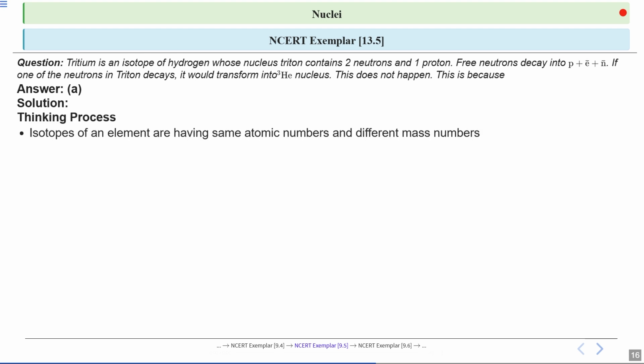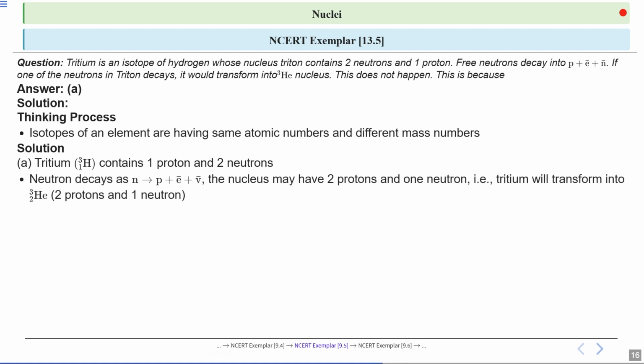So isotopes of an element have the same atomic number and different mass numbers. In tritium, 1 proton and 2 neutrons are present. A free neutron decays into a proton, electron and antineutrino. If 1 neutron in tritium decayed, it would form a helium-3 nucleus, 2 protons and 1 neutron.